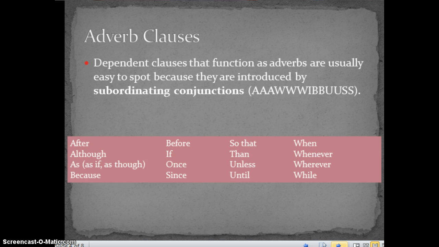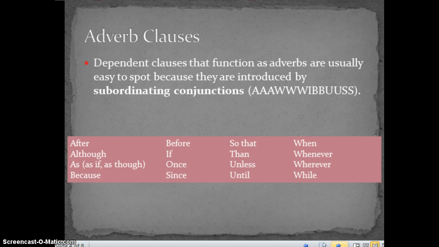Now, if you remember, an adverb is a word that modifies, which means describes, a verb, an adjective, or another adverb. And adverb clauses are usually easy to spot because they begin with a subordinating conjunction.